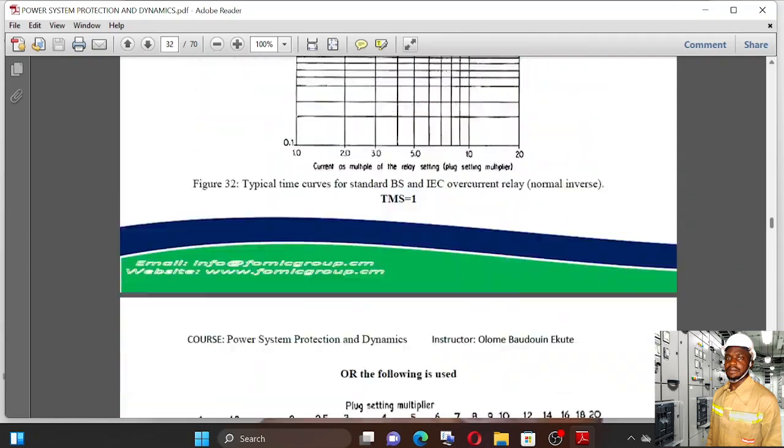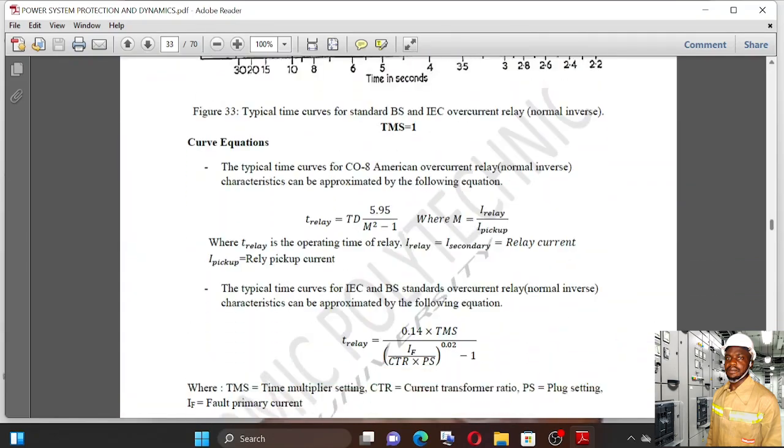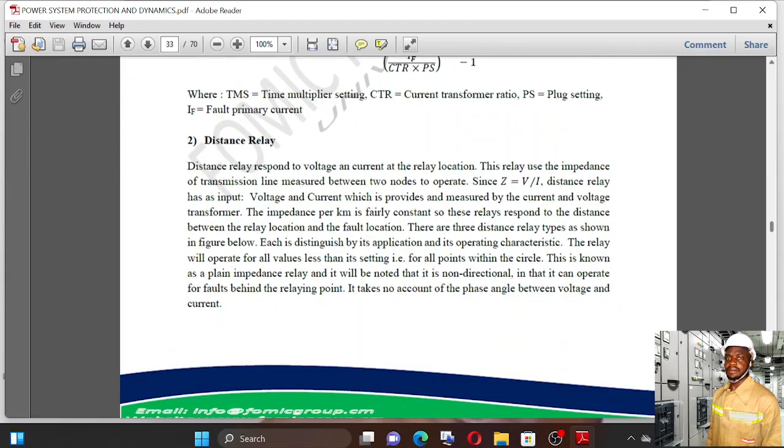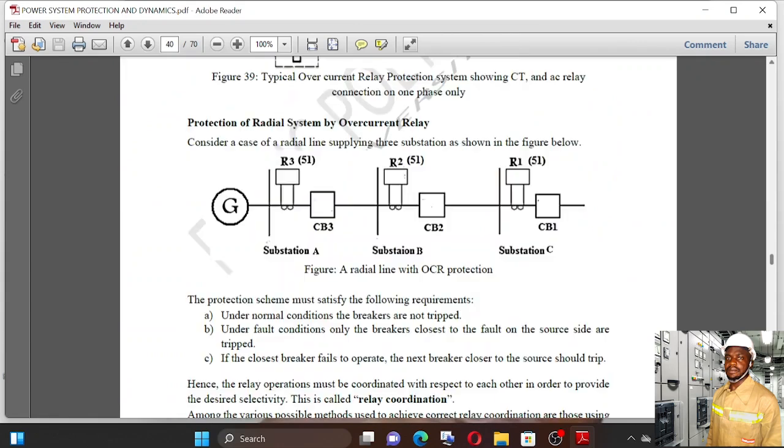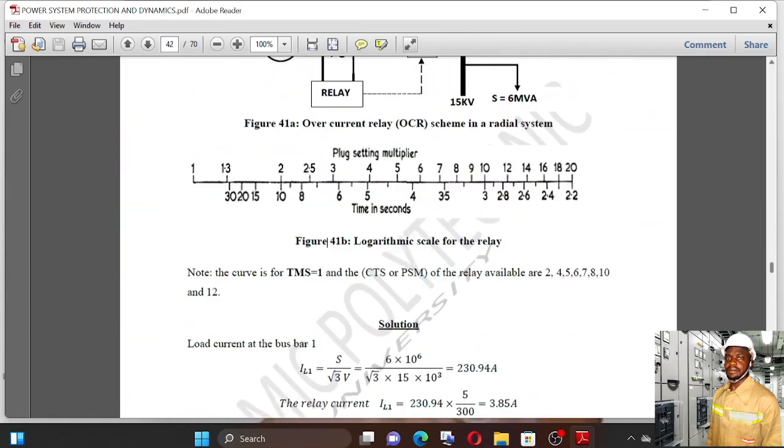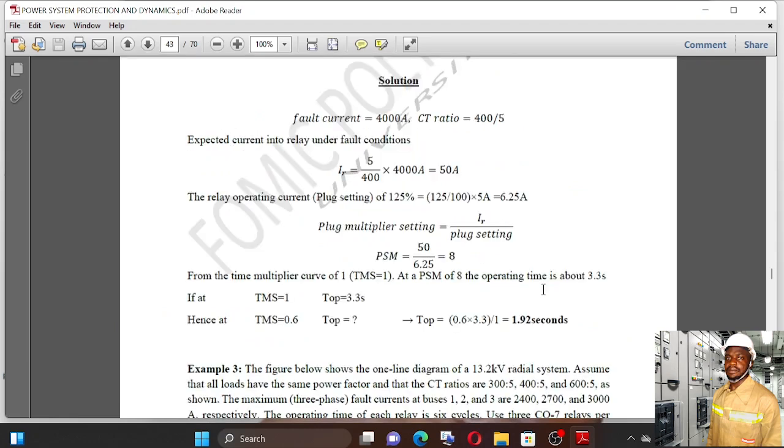But it's usually specified as 2, 3, 4, 5, as we saw in the previous exercise. Okay, as we saw in this previous exercise, 2, 4, 5, 6, 7, 8, 12, and so on.